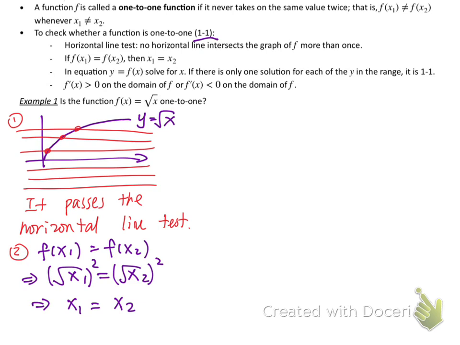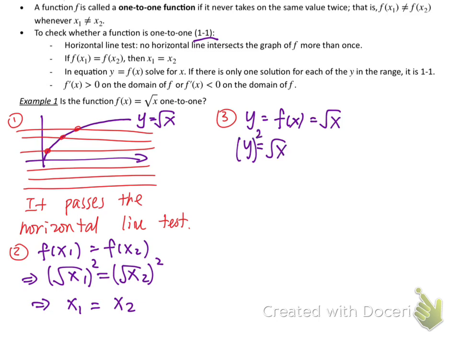Then the third way, let me put it here. In the equation y equals f of x, you solve for x. If there is only one solution for each y in the range, it is one-to-one. So in the equation y equals square root of x, you solve for x.